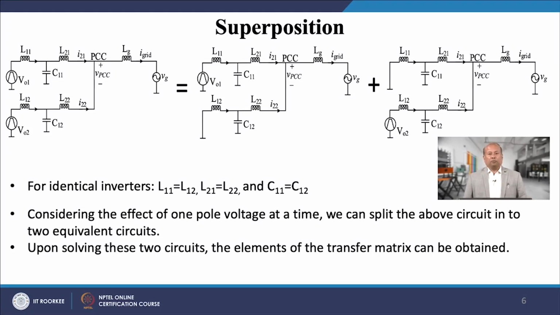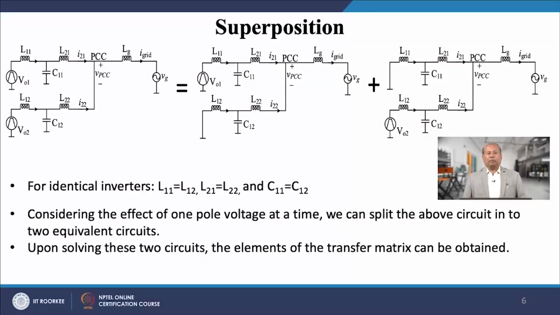Using the principle of superposition and considering the effect of one pole voltage at a time, we can write these equivalent circuits. As we have considered identical inverters, the values of the inductors and capacitors in the filter circuits are the same for both inverters. Hence, these circuits have symmetry, and so does the transfer matrix shown in the previous slide. Now, we can solve these circuits to obtain the elements of the transfer matrix easily.